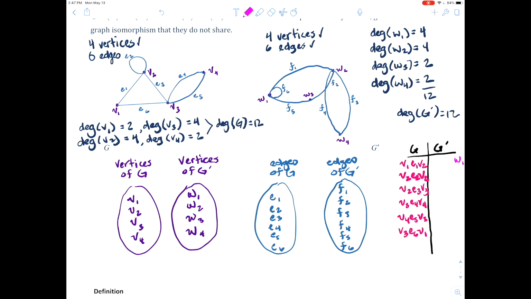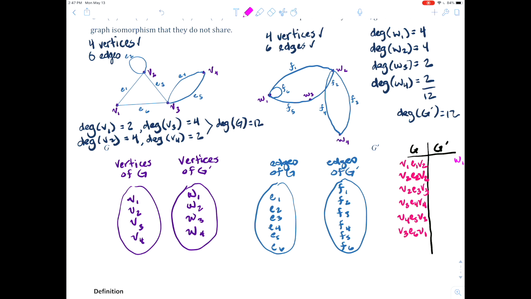Then I need to figure out what's going to correspond to V1. If I take a look at W3, W3 has a degree of 2, because it has edges F2 and F5 coming out from it.